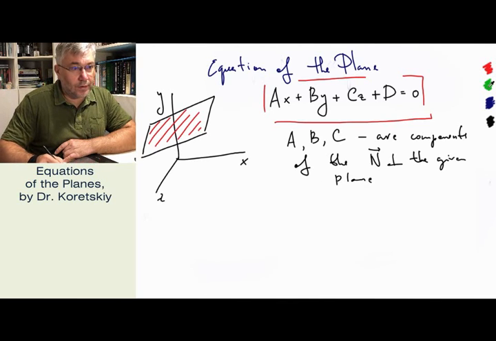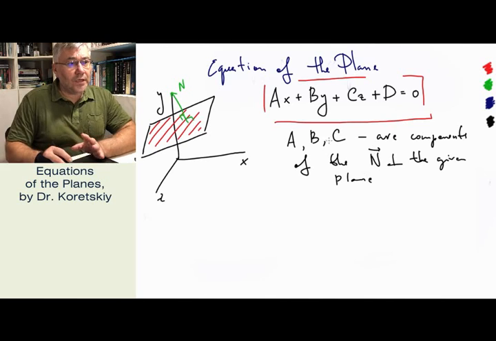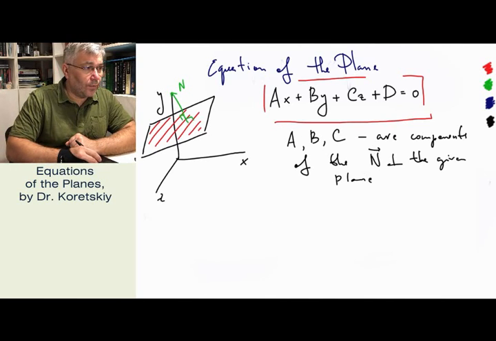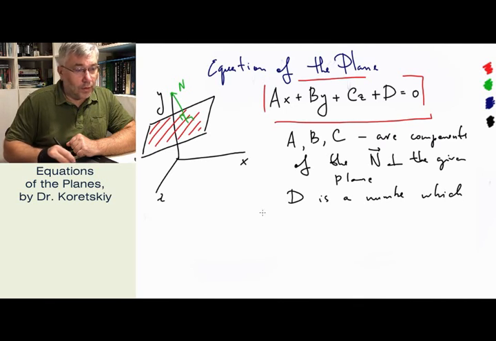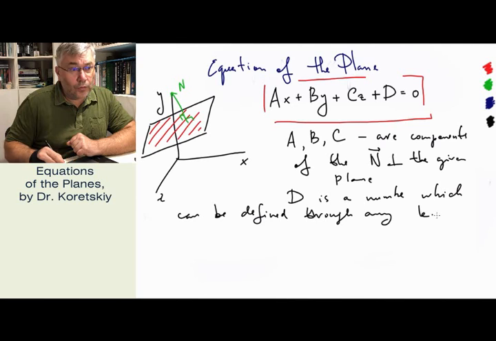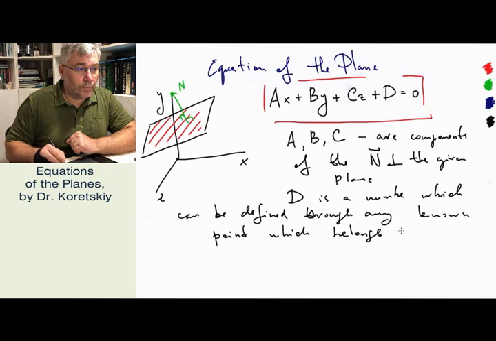This vector n is perpendicular to any line in the plane. And d is a special number which can be defined through any known point which belongs to the plane.